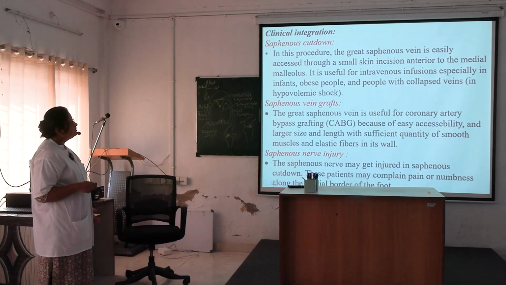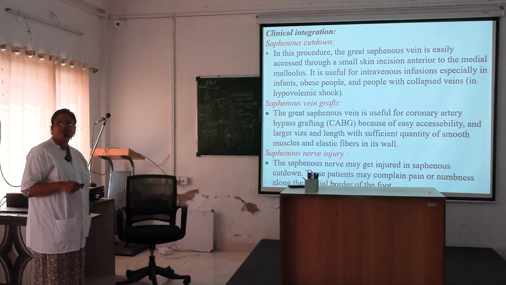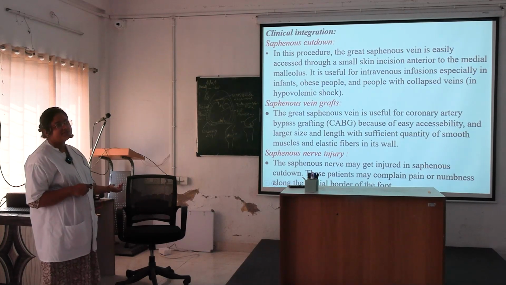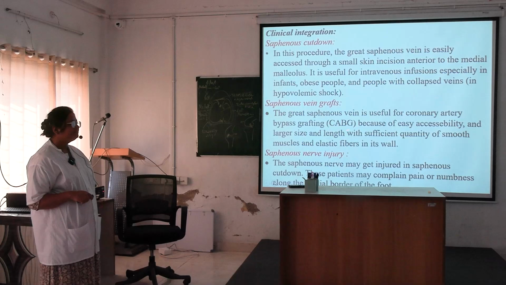In severe dehydration also you have to do a saphenous cut down. In infants and obese people it is difficult to find a superficial vein. That's why saphenous cut down is done.